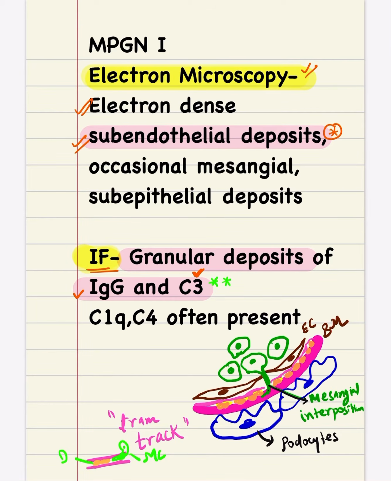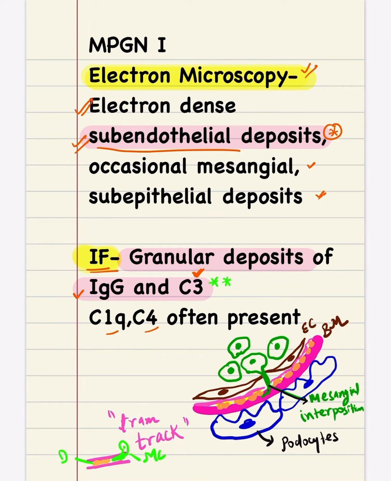Sometimes the deposits can be mesangial also. Occasional deposits can be seen in the mesangium and occasionally in the subepithelium, but majorly they will be in the subendothelial location, and along with C3, C1q and C4 can also be present there because of the activation of the classical pathway of the complement system.